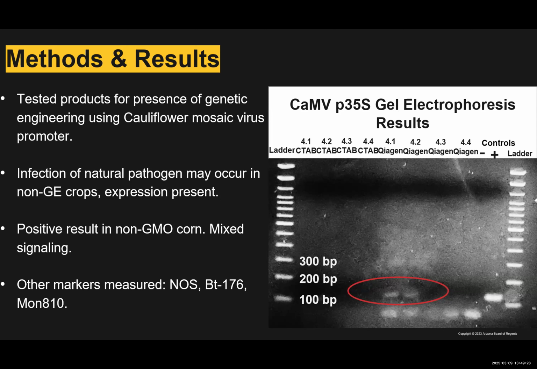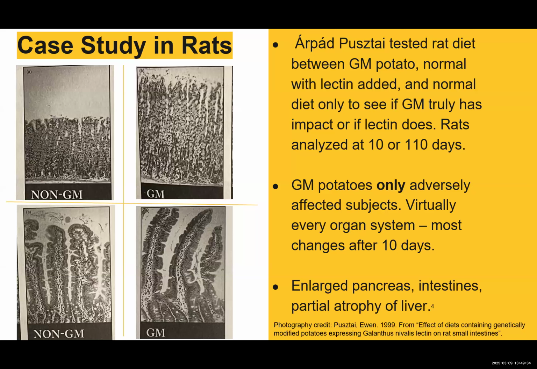That led me to look into a lot of other aspects of genetic engineering. One area that I was particularly concerned about is, as we eat these genetically engineered crops, what is actually happening? And there's a really good case study that happened in 1999 by Arpad Pusztai.